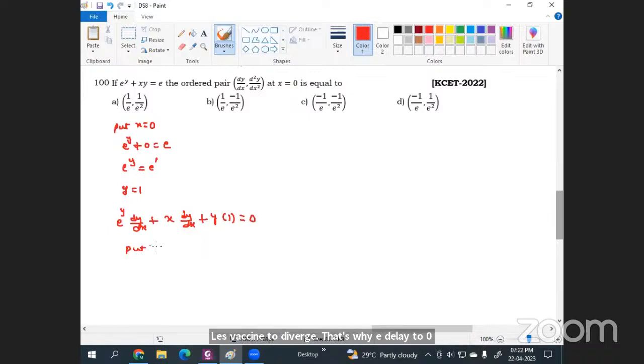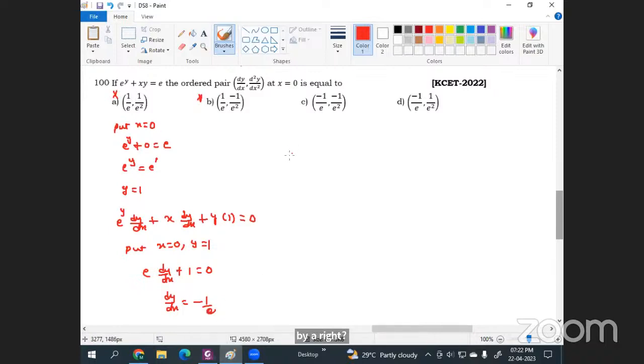So put x equal to 0, y equal to 1. e into dy by dx, and this is 0, y value is 1, equal to 0. So dy by dx equal to minus 1 by e, right? So first option is ruled out, second option is ruled out. Then comes to our option, maybe third option and fourth option.